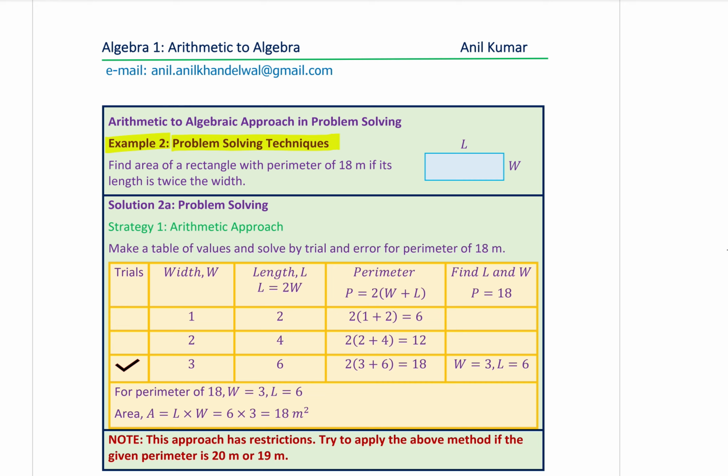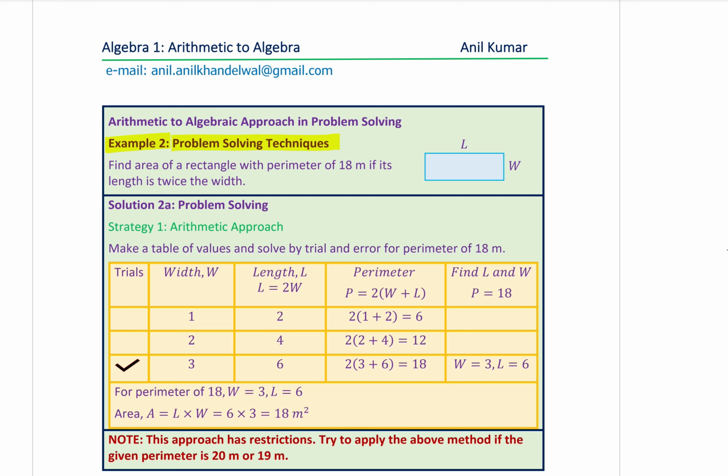So we are given two conditions in this particular situation. We are given the perimeter, which is 18 meters, and we are also given a condition that its length is twice the width.